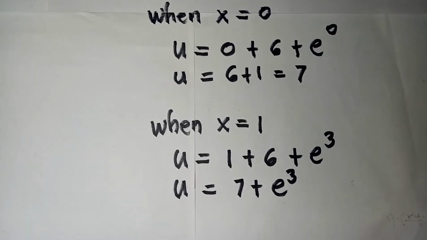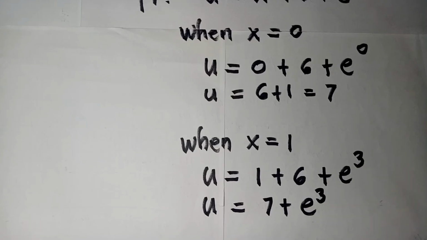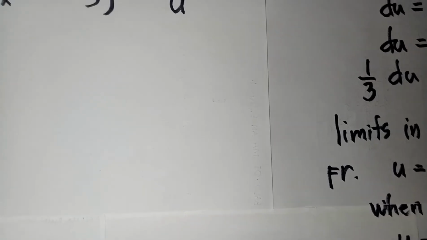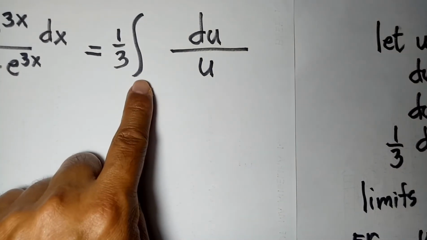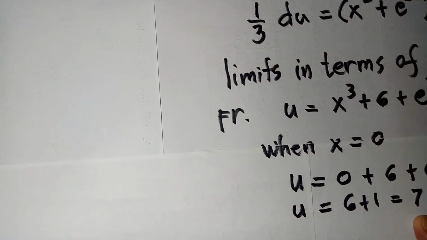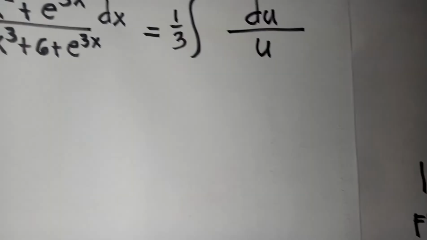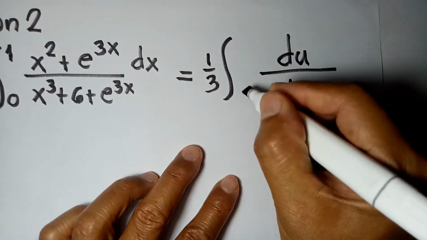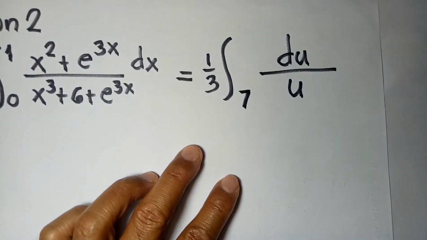Okay. So let us now write the limits in our problem. So lower limit in terms of u equals sa 7. So ito magiging from 7.